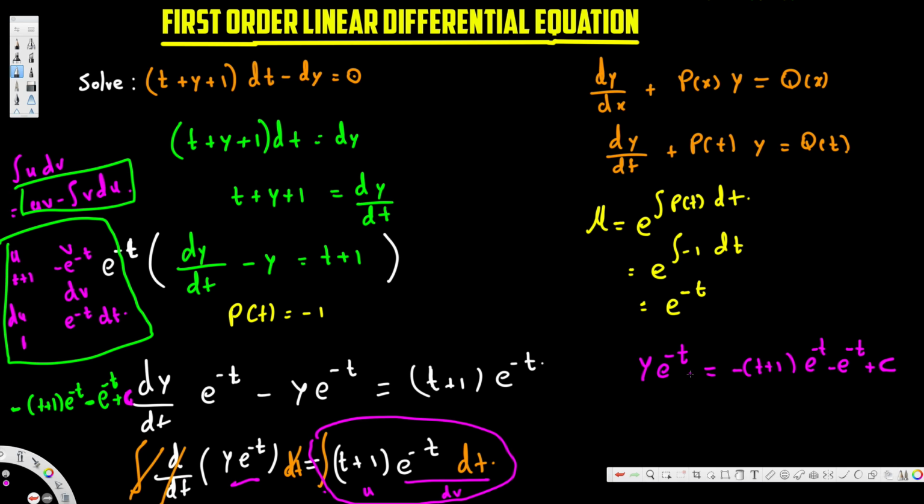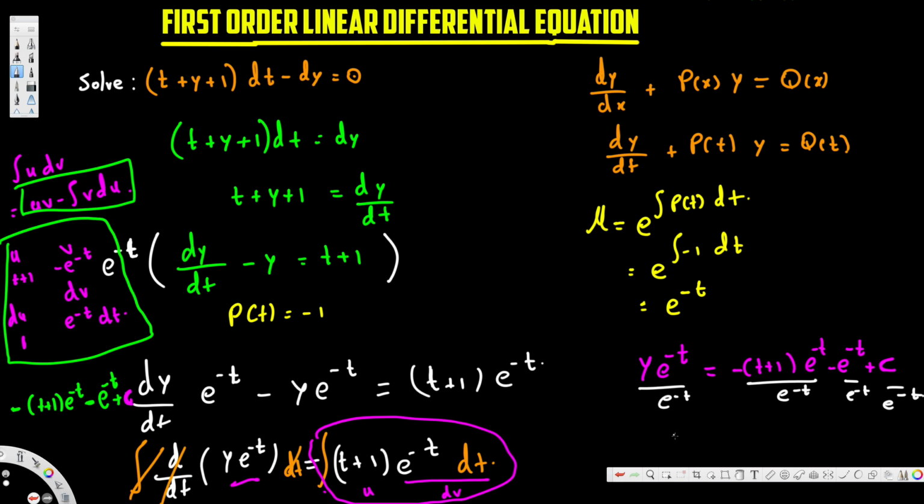Now after we figure out everything, our final answer should be in terms of y, so we have to divide everything by e^(-t) in order to get rid of the e^(-t) on this side. So we divide by e^(-t), and this one also will be divided by e^(-t).